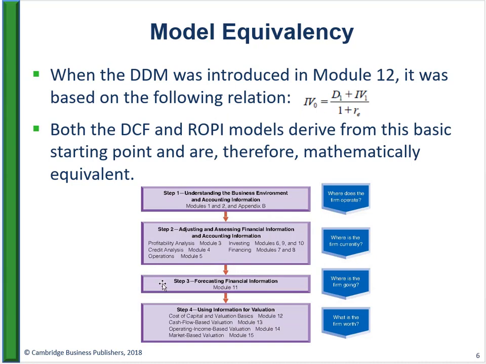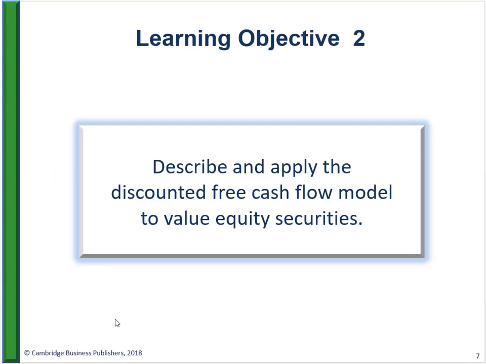Two weeks ago we talked about forecasting financial information, which is to take everything that we've learned about the business environment and the accounting and forecast that into the future as appropriate. And then lastly, in step 4, we're applying modules 12 through 15, which are some of these valuation techniques, and we're going to again focus heavily on the discounted cash flow technique that we're talking about tonight.